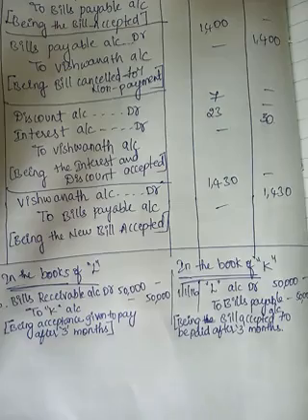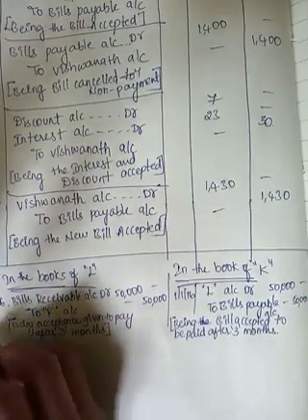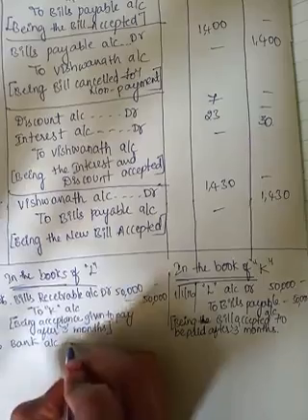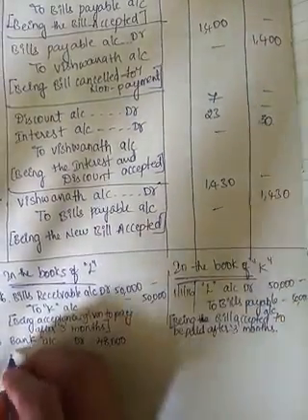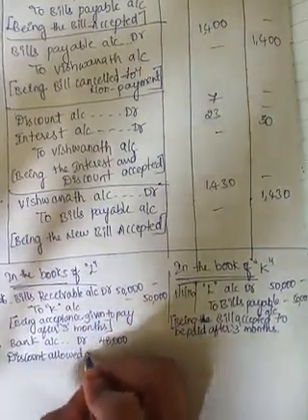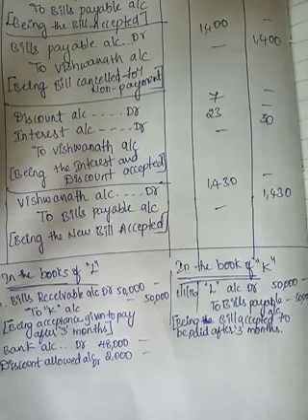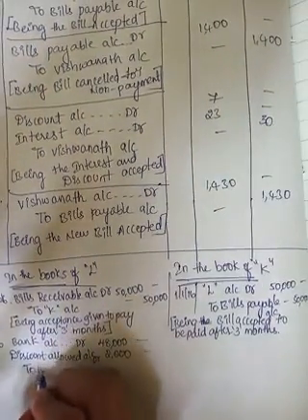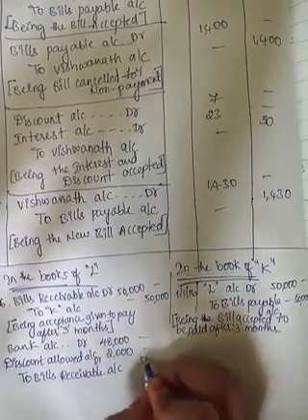Next, under this, in the books of L, the discount. For that the entry is on 1st March 2016: bank account debit is 48,000, discount allowed account debit is 2,000, to bills receivable account 50,000.